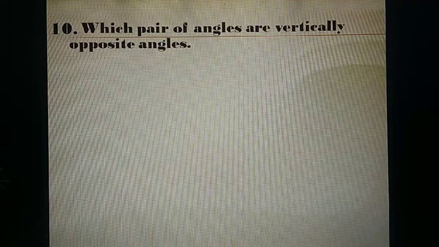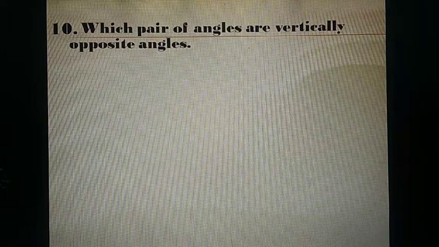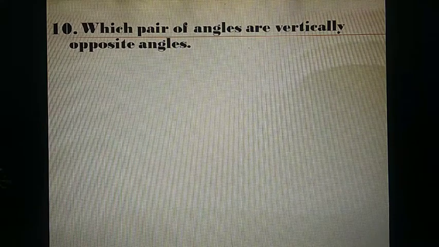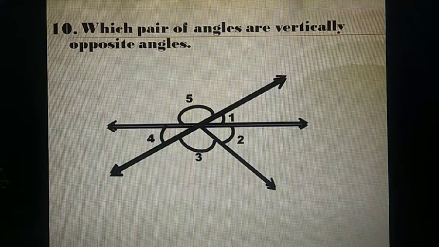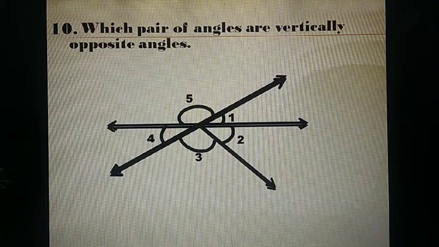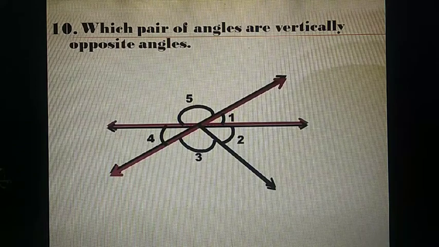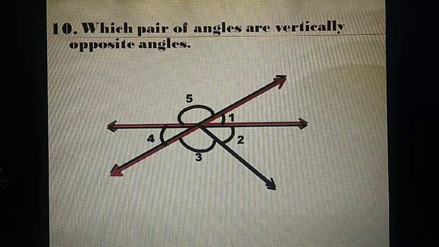Moving to question number 10. Which pair of angles are vertically opposite angles? The first part is you have to find all the pairs of angles which are vertically opposite to each other. Again, first trace the two lines which are intersecting each other.